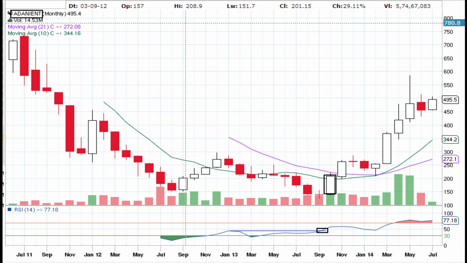There was also another breakout here in the RSI, and that also corresponds to this breakout here, and also an entry price here on a breakout action on the stock. So that was another entry point at about 250, 260, and since then the stock has run up as high as 570, 580 in about 3 months ever since the breakout at 250.